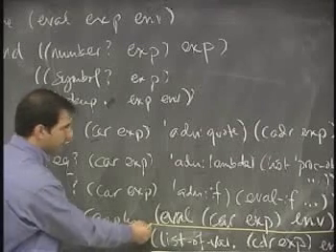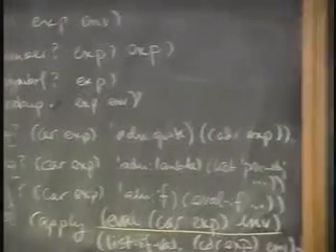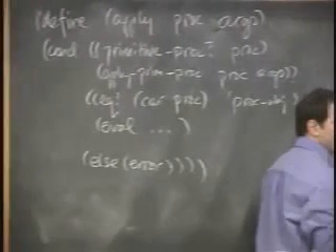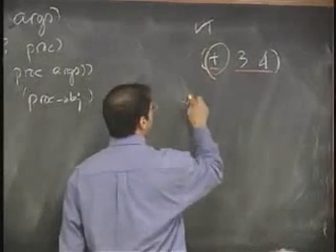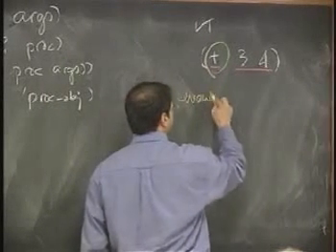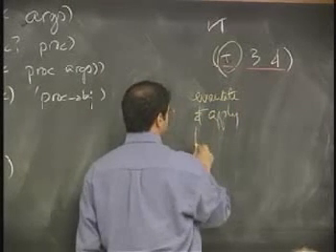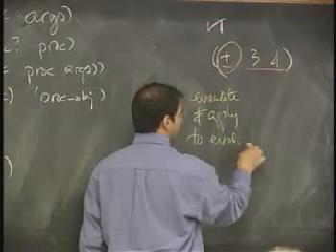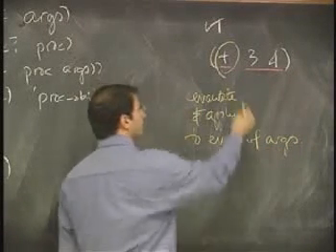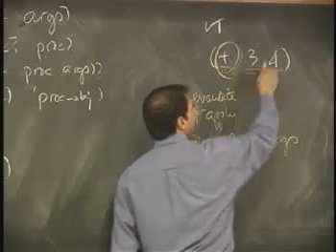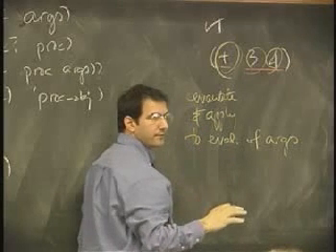So let's go through this. We know that when we want to perform an application like this, we need to evaluate the operator. This is, remember, the substitution model. We evaluate this and apply it to eval of args. So first we evaluate the operator, then we evaluate each of the arguments and apply the operator to the arguments. First week stuff.